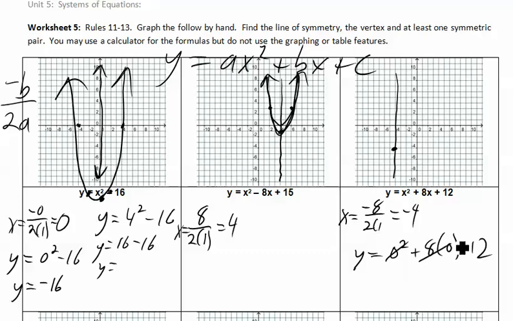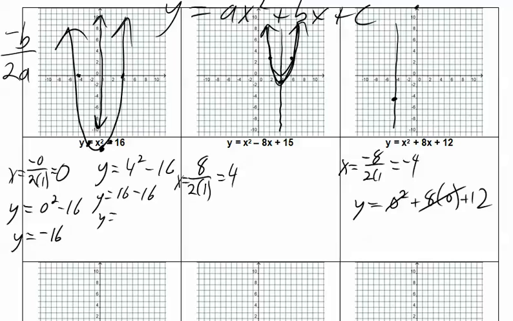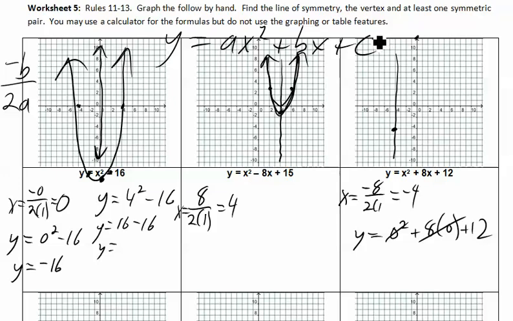So all that's 0, so y equals 12. So 10, 11, 12. And our symmetric pair, so we go back to the line of symmetry, 1, 2, 3, 4, and go that same distance to the other side, 1, 2, 3, 4. And draw our parabola.